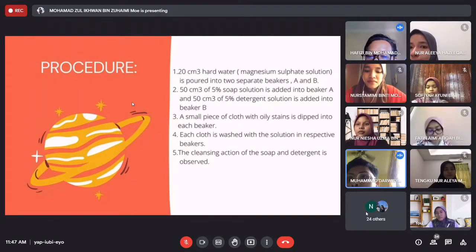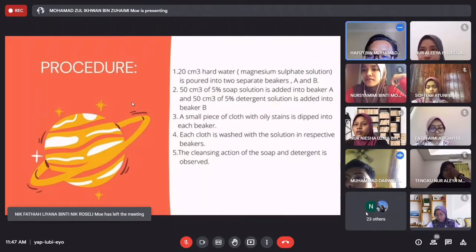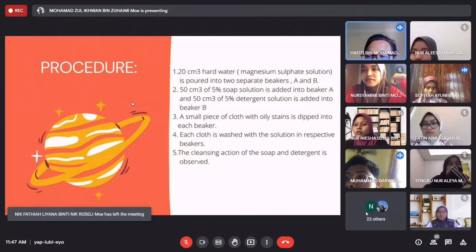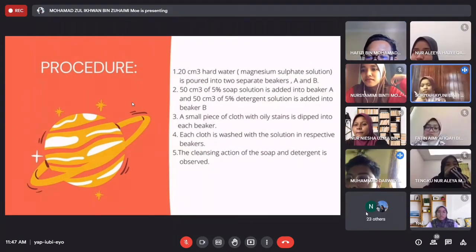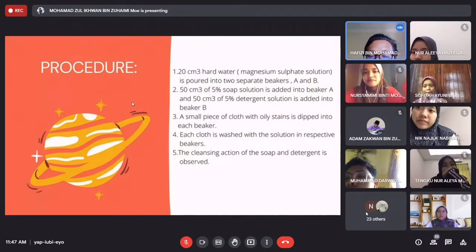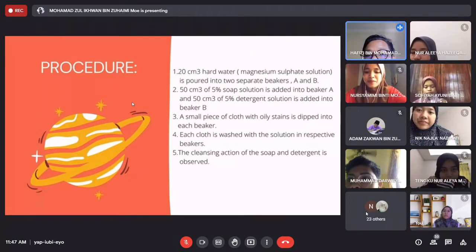Pour 20 cm3 hard water into beaker. Berapa banyak awak nak pour sebaldi? Into 2. Apa ayat saya orang lain? Fatimah, apa ayat saya guna? Measure and pour. Measure and pour 20 cm3 of hard water into beakers A and B separately. Yes, ayat saya kan?